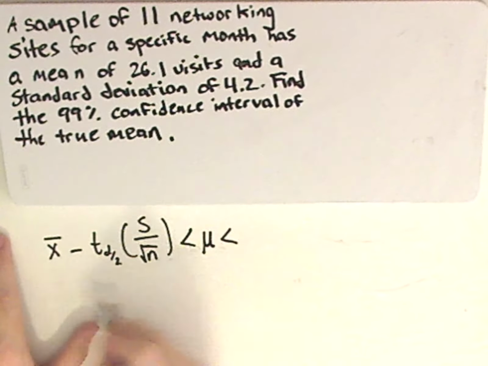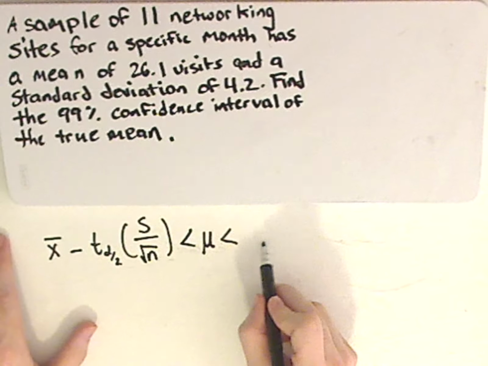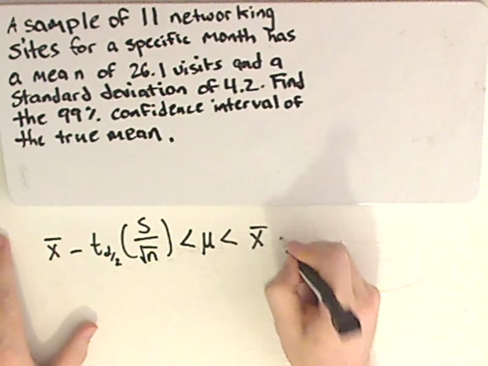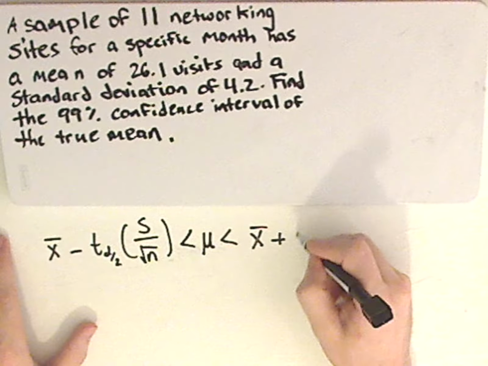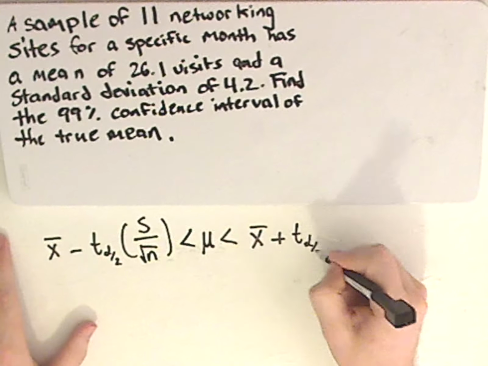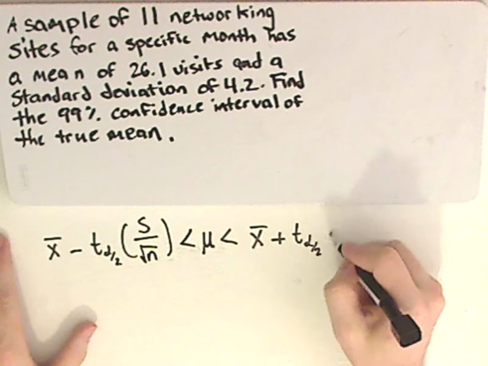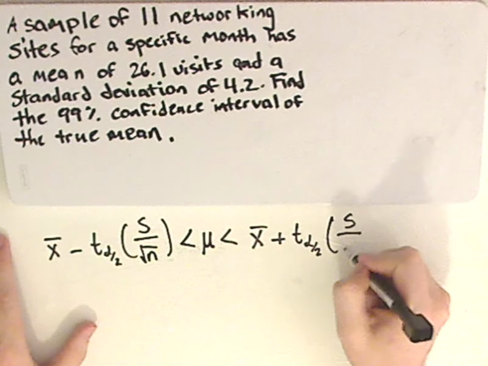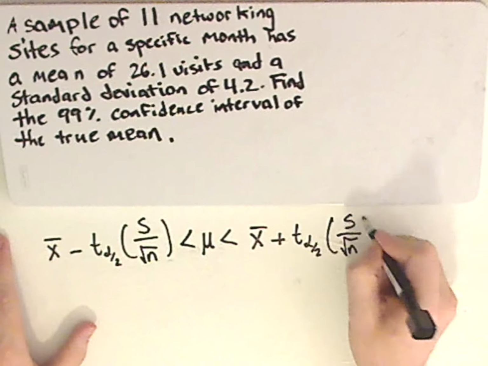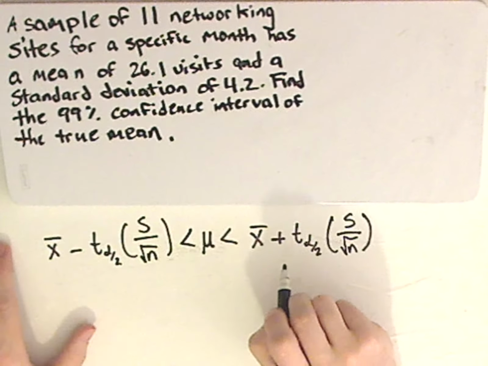Then you have the same thing on the opposite side, just with a plus: x bar plus t alpha over 2 times s over the square root of n.